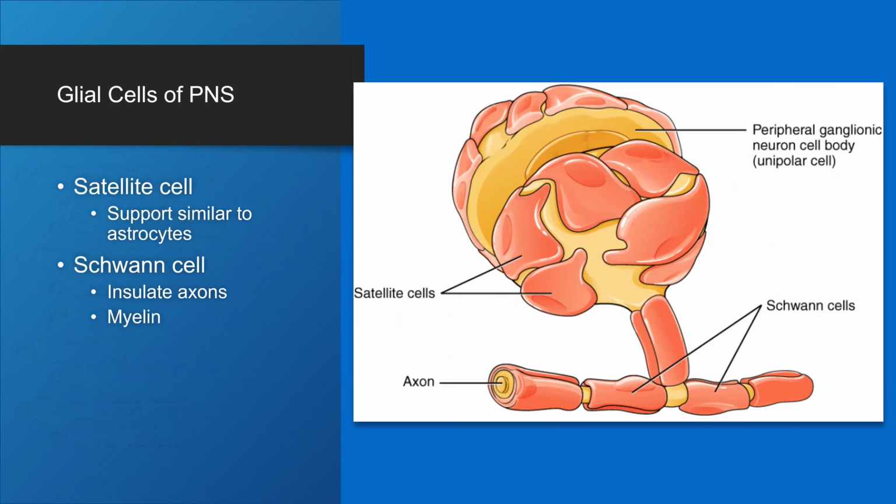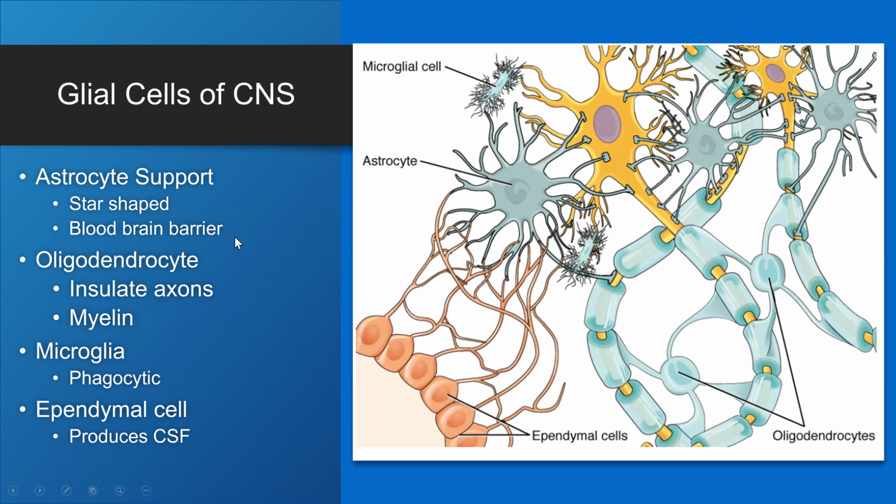In the peripheral nervous system, you have glial cells that both start with S, so you see SS, then it's going to be PNS. Everything else is CNS. In the CNS, we have astrocytes, oligodendrocytes, microglia, and ependymal cells.